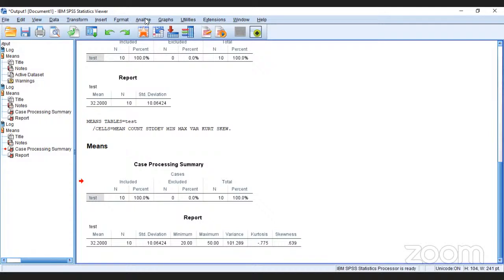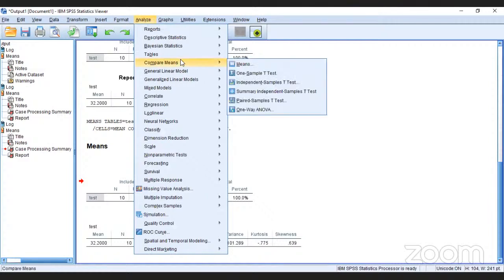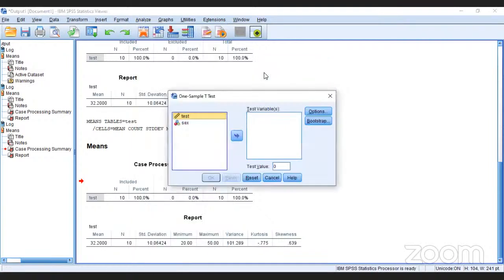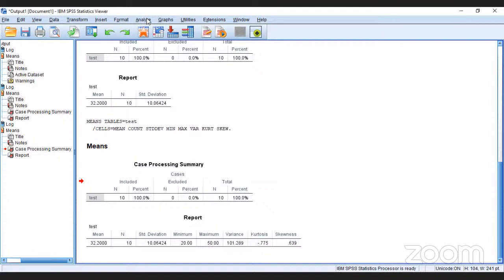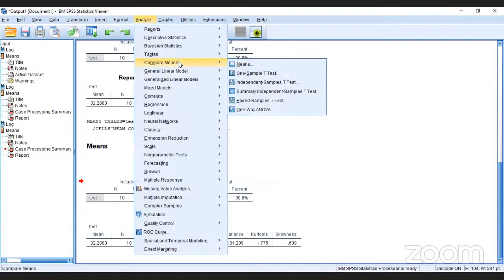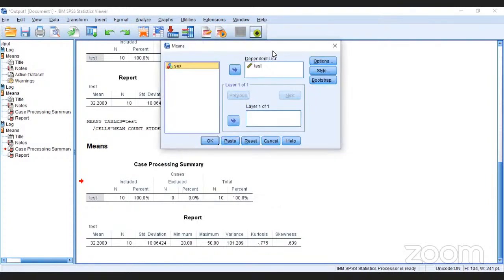Now I am coming to analyze again, and again compare means, again the means. You will find the dependent list, and another one is the independent list, layer 1 of 1.